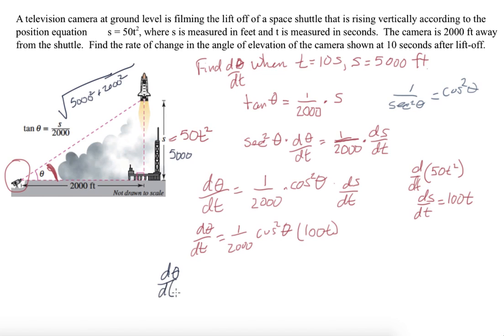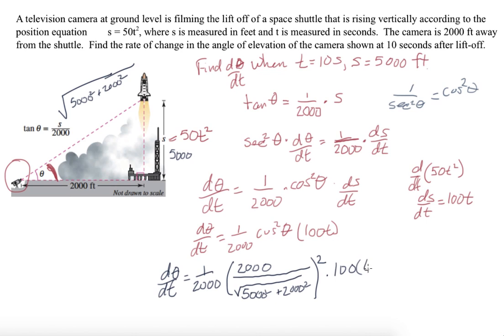D theta dt is 1 over 2,000. Cosine theta is going to be 2,000 over the square root of 5,000 squared plus 2,000 squared, times 100 times t. And t is 10.